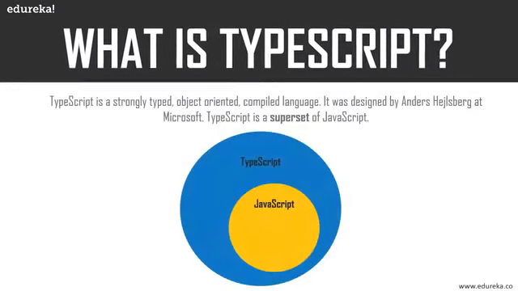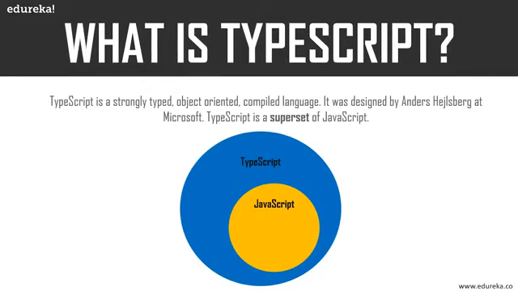Well, TypeScript is just a superset of JavaScript. It is a strongly typed, object-oriented compiled language. It was designed by Microsoft, and it is basically a superset of JavaScript. So anything that is included in JavaScript is definitely included in TypeScript, but the reverse can't be said. So everything in JavaScript is there in TypeScript because it is a superset, but everything in TypeScript is not there in JavaScript.